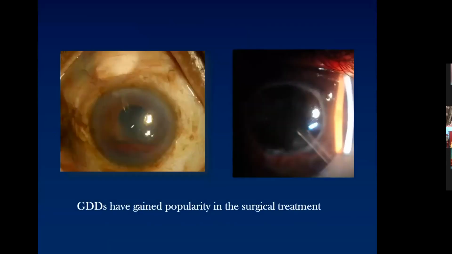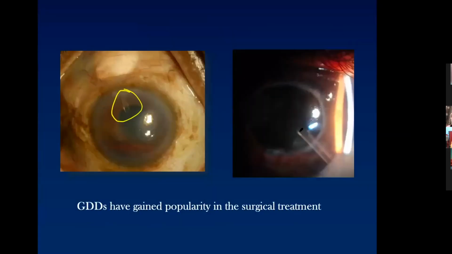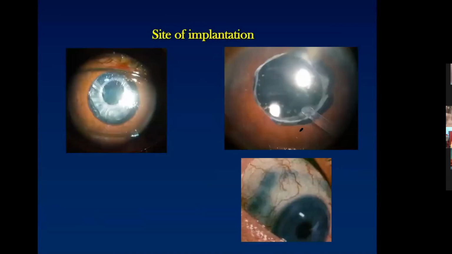So in such cases, performing a tube implantation offers a better result compared to a conventional trabeculectomy. Having said that, it is not essential to perform a tube in all cases of neovascular glaucoma. You have to assess the condition and the inflammatory response of the particular patient.